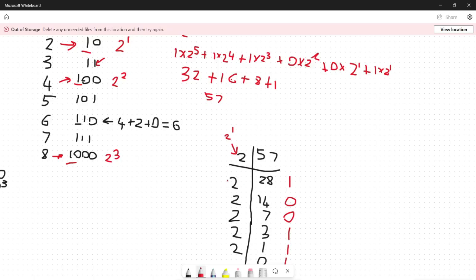And when I divide it by 2 again, I get 2 to the 2. And then 2 to the 3. And then 2 to the 4. What about this? This gives me 2 to the 5. And this gives me 2 to the 6.